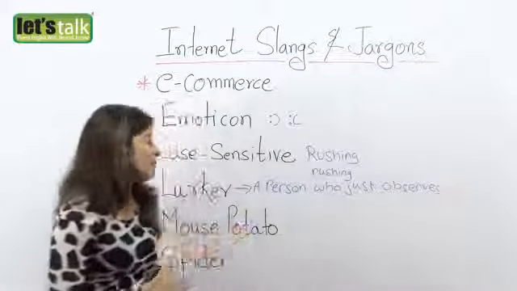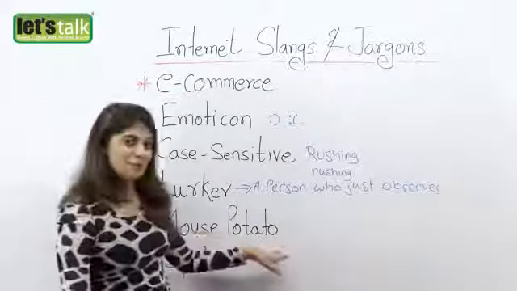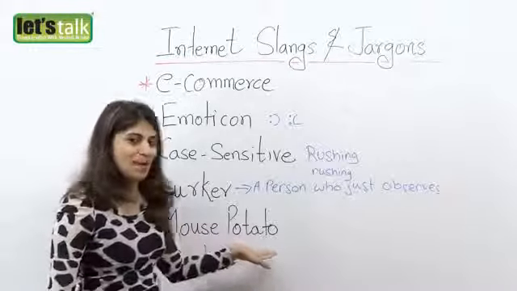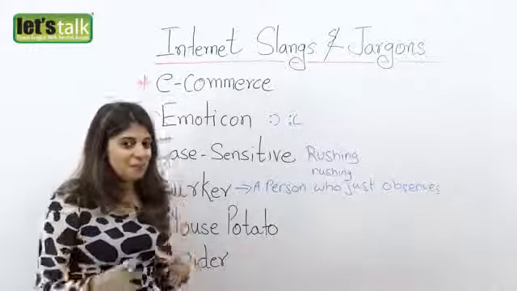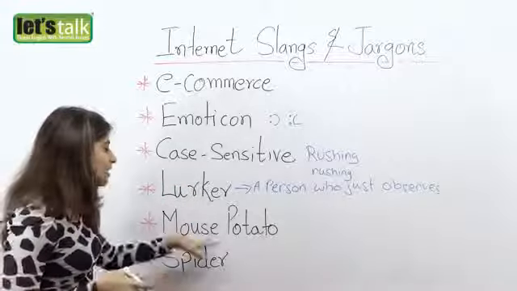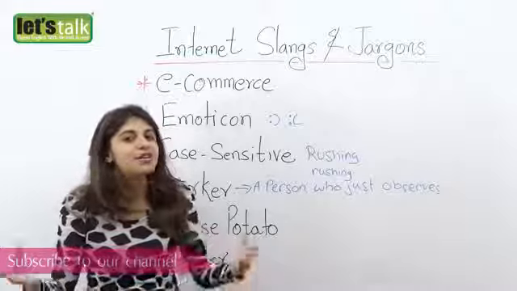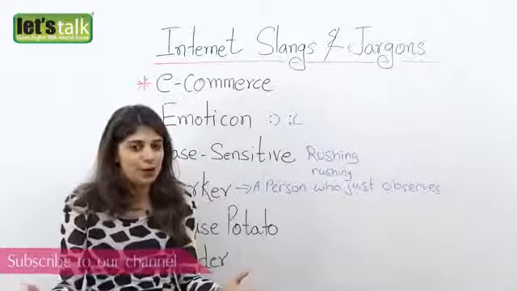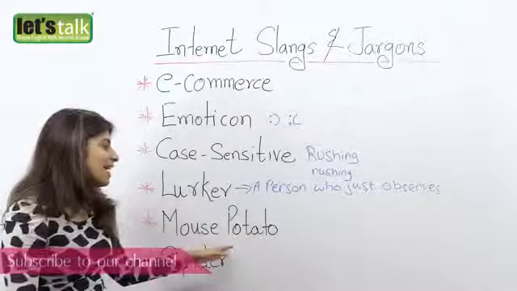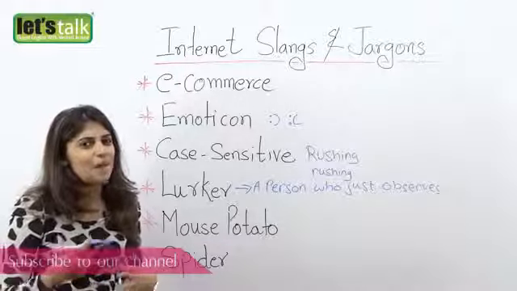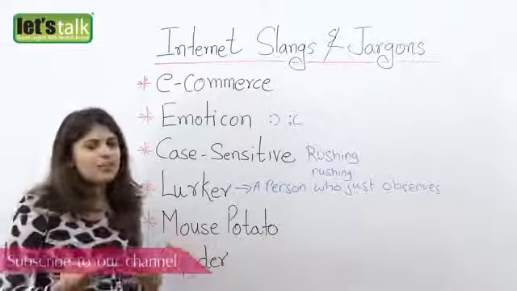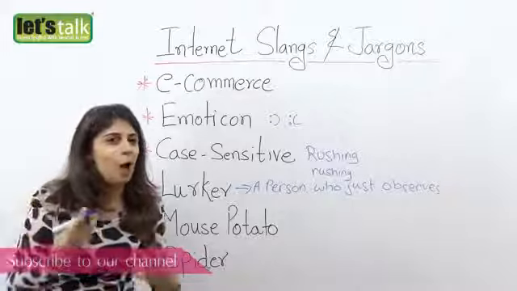Okay, then we have a mouse potato. That's also another favorite one. In fact, my brother is a big mouse potato, and the reason I call him a mouse potato is he spends hours and hours in front of the computer. Maybe the origin of this slang comes from the slang couch potato.